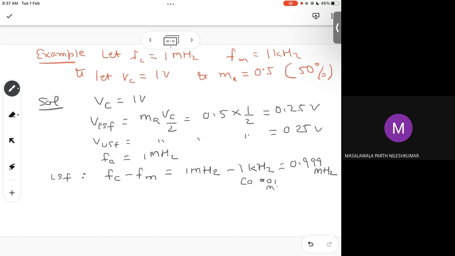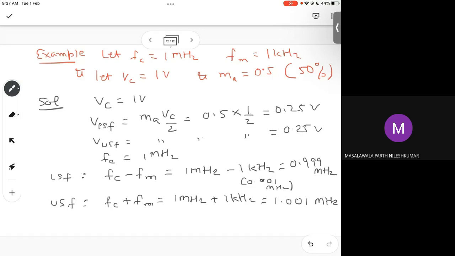And your upper side frequency turns out to be FC plus FM, so 1 megahertz plus 1 kilohertz, and it turns out to be 1.001 megahertz.